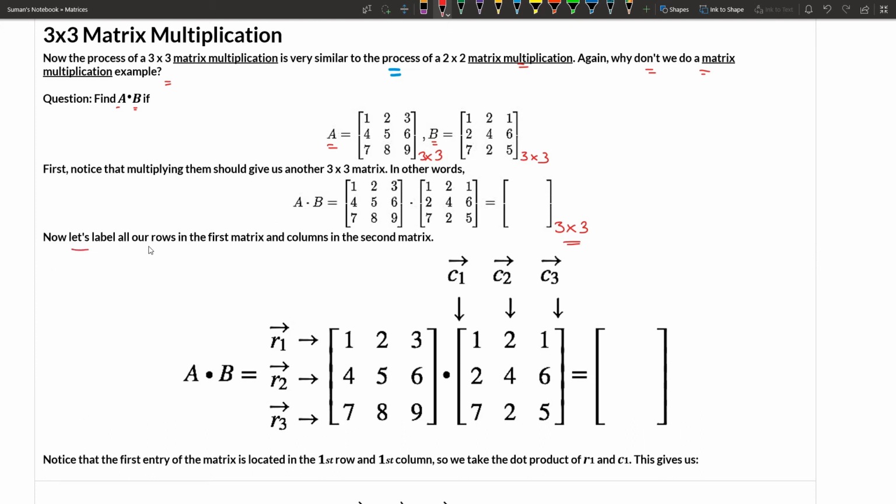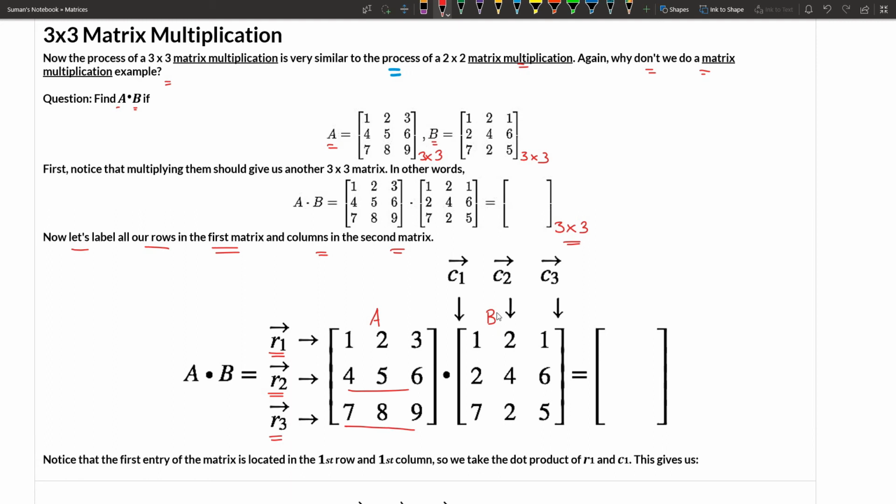Now let's label all the rows in the first matrix and the columns in the second matrix. The first matrix, A, is the left hand matrix of the dot, and the right hand matrix of the dot is B. So 1 2 3 is row 1 for matrix A, 4 5 6 is the vector we treat as row 2, and R3, the row 3 for matrix A, is the vector 7 8 9.